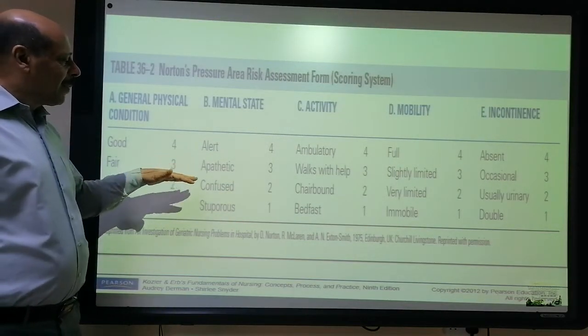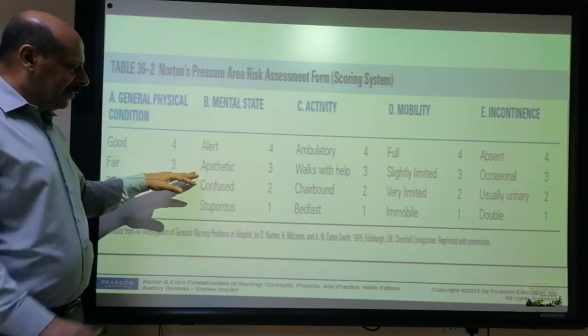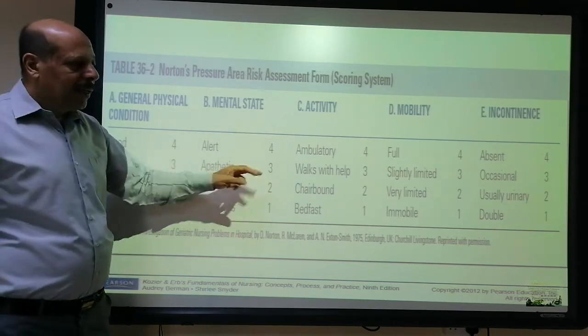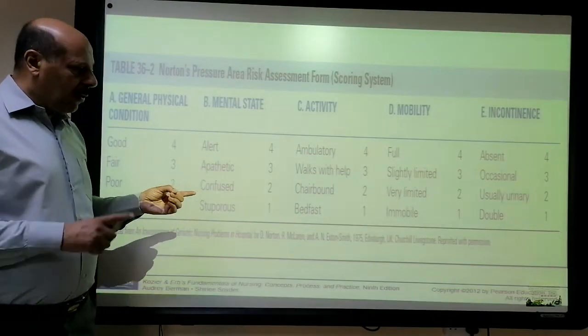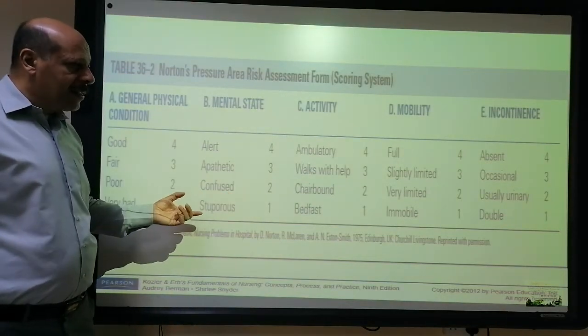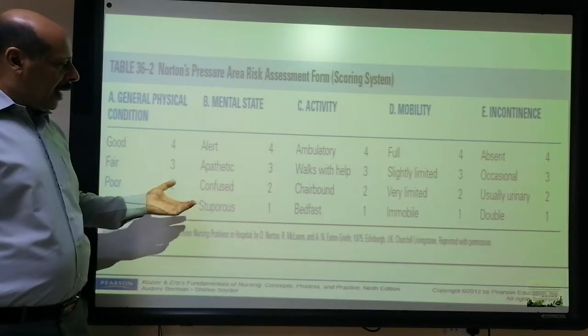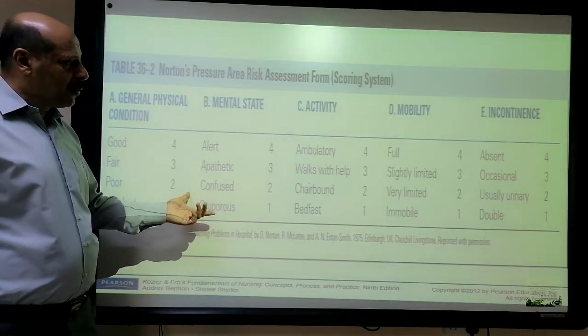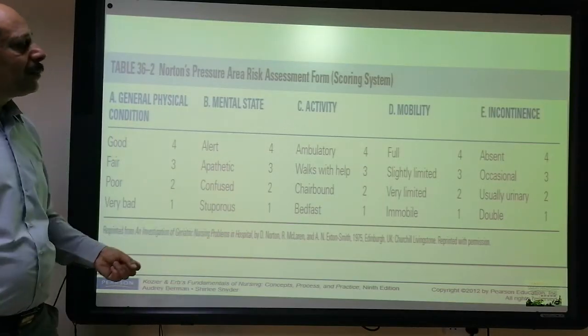Sensation is intact. If he is apathetic, in this case, he will get 3. If he is always confused, he will get 2. If stuporous and cannot respond properly, he will get 1.